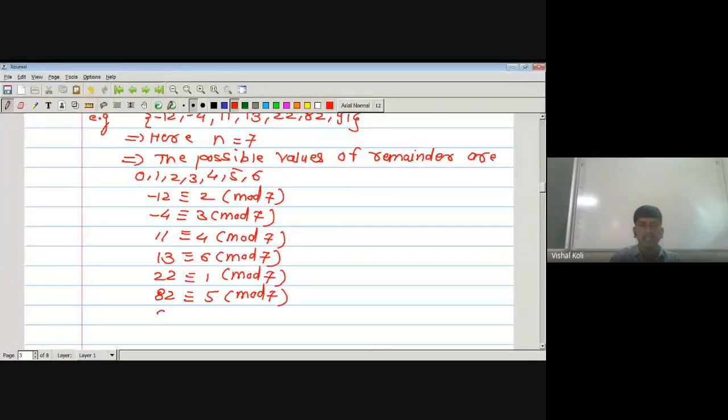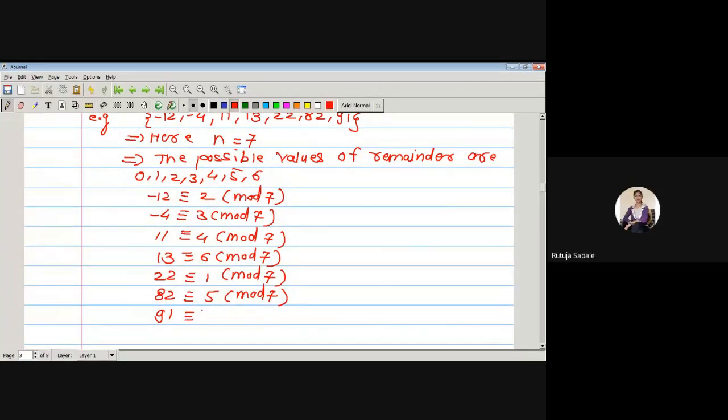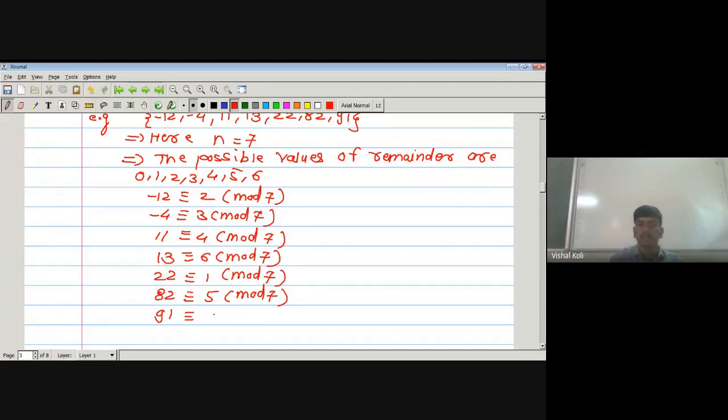Similarly, 91: as 7 divides 91, which implies 91 is congruent to 0 modulo 7.